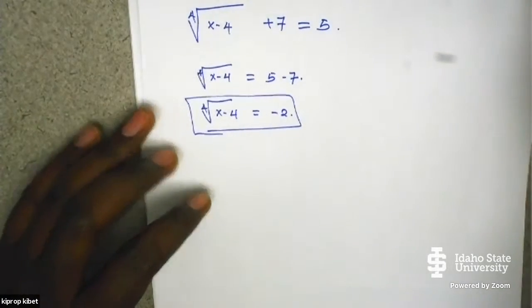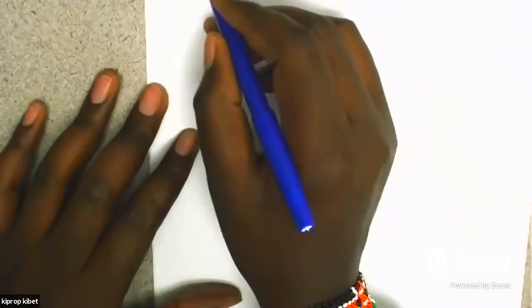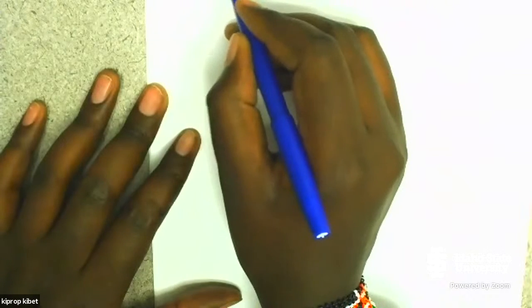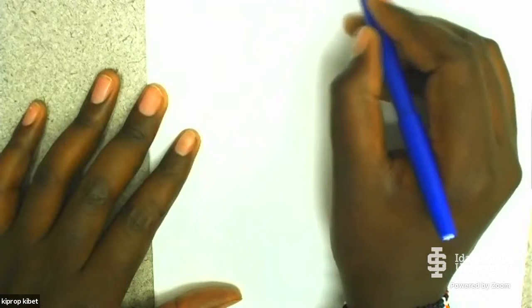Now, if you are given another example like this, the square root of minus 26a plus 12, plus a, equals 6.